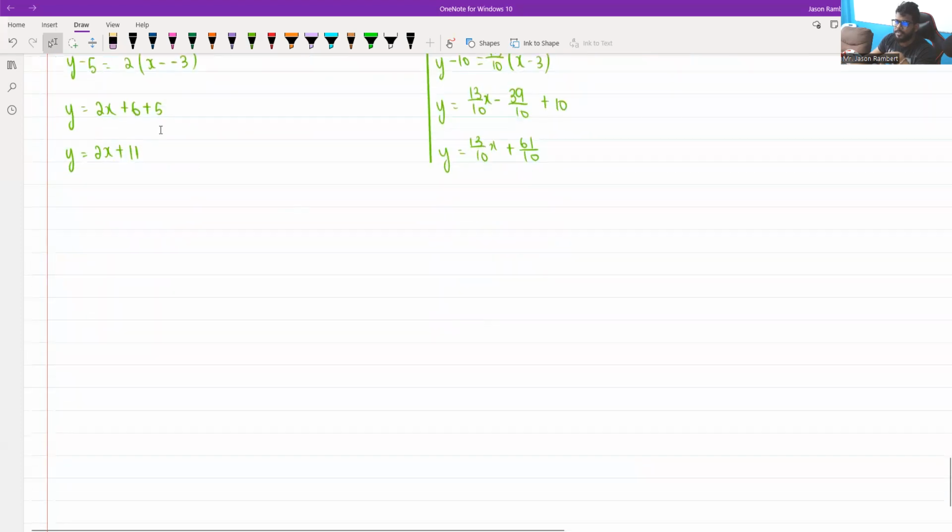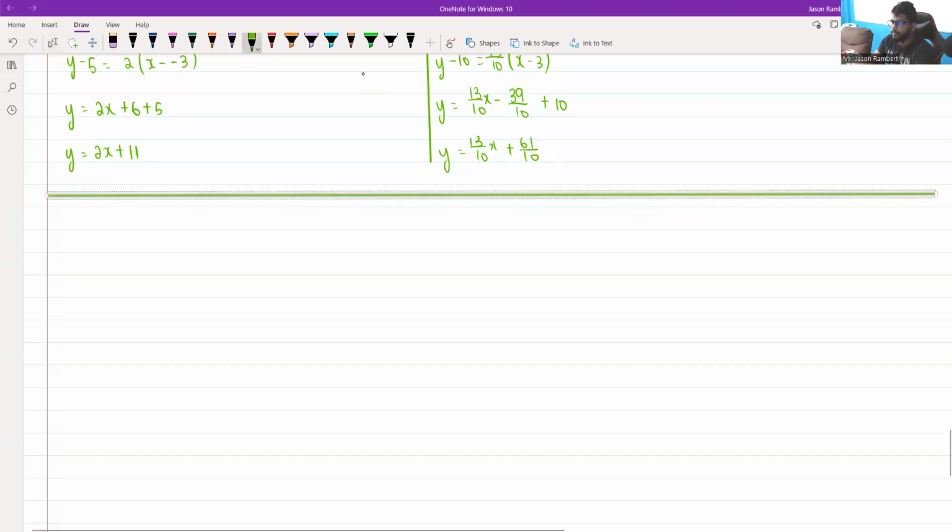So today we're going to continue talking about the equation of a line. I'll continue the notes in the same document. More specifically, how it's supposed to look.